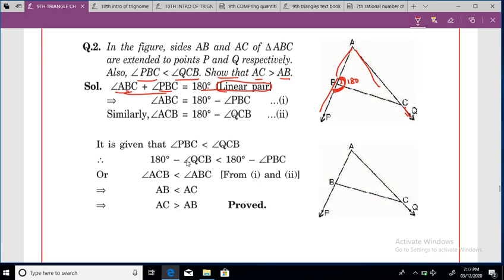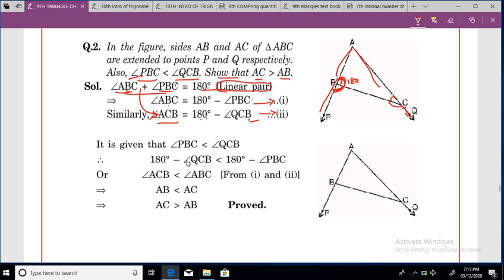So ABC equals 180 minus PBC. Similarly here also, the sum of these two angles is equal to 180 degrees, so ACB equals 180 minus QCB. These steps should have been written like this, but they are coming directly. Okay, so this is 1 and this one is 2.